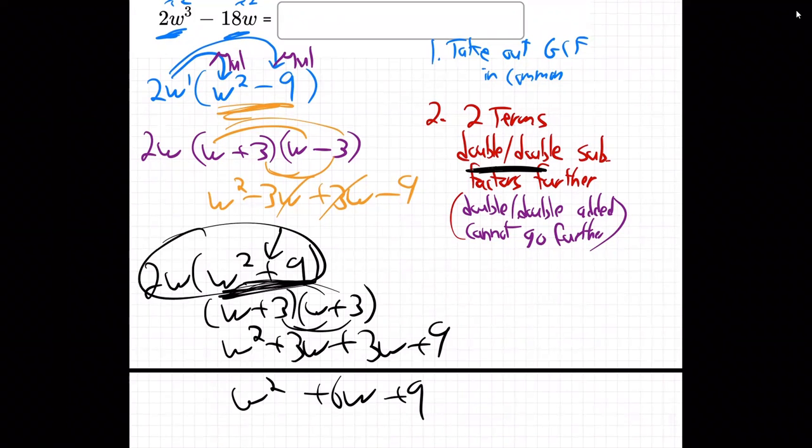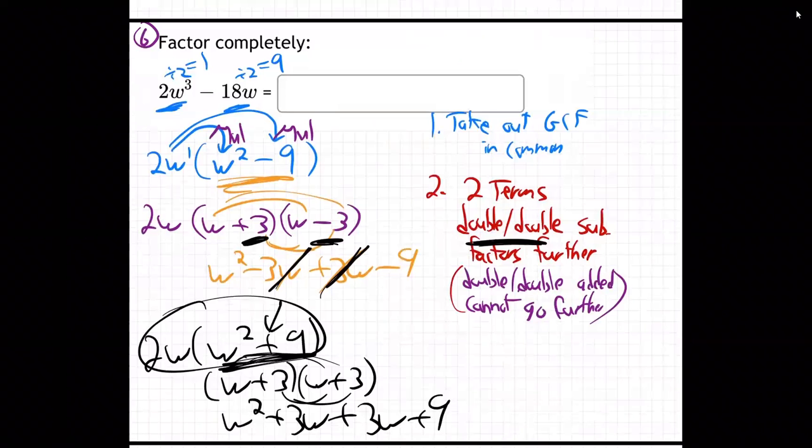It's not W plus 3, W plus 3. As you can see, that would be W squared plus 6W plus 9. That's not true. You need to have 1 plus and 1 minus so the middle terms cancel out and go away. Really, you have to get 0 in the middle. That's why there's no middle term. So W squared plus 9 could not be done.